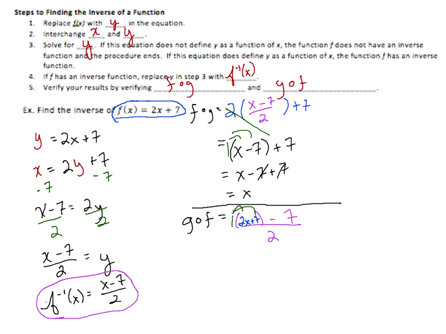Understood 1 distributes, and I have 2x plus 7 minus 7 over 2. Opposites right there, 2x over 2 divide out, and I'm left with x. I have verified, so sure enough, I found the inverse function there.